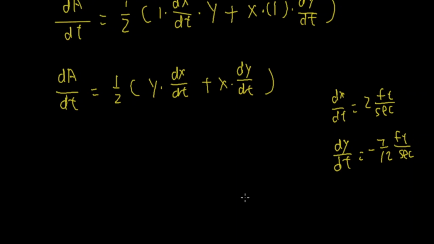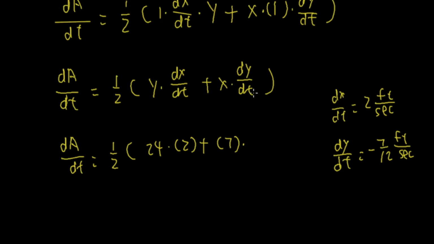Okay. dA over dt is equal to 1 over 2 times, now y we said is 24, times dx over dt, which is 2, plus x, which is 7, times dy over dt, which is negative 7 over 12.